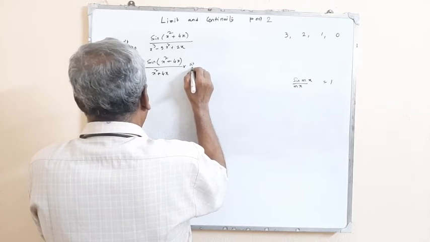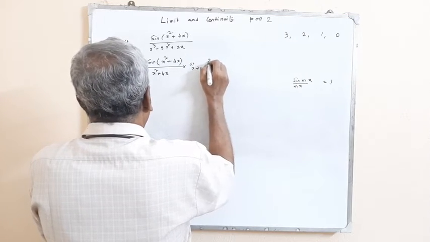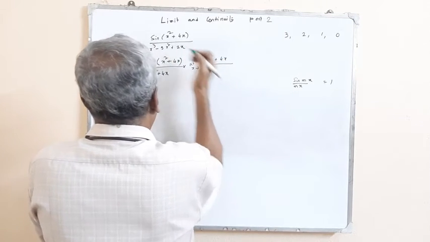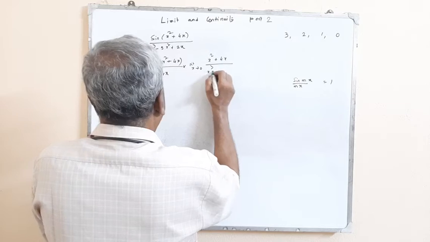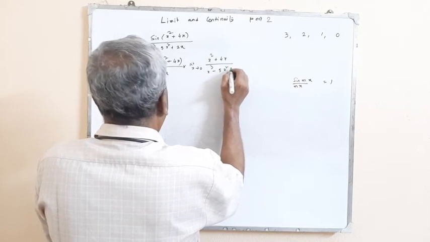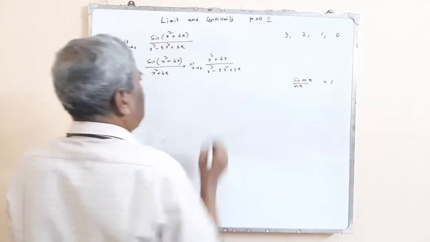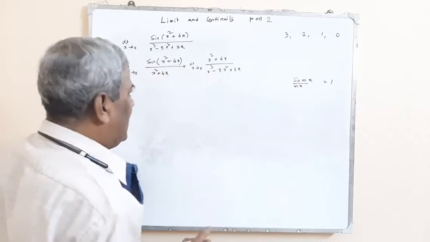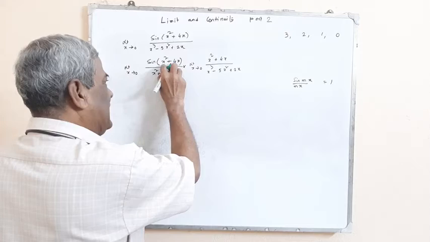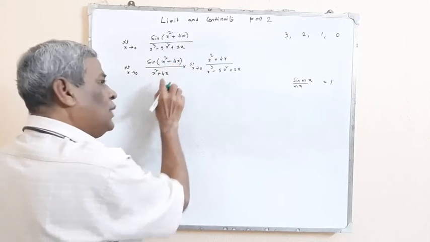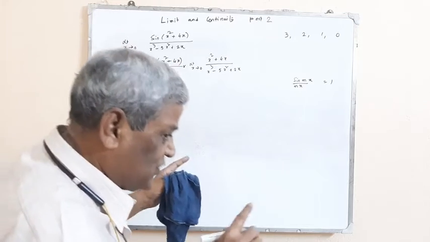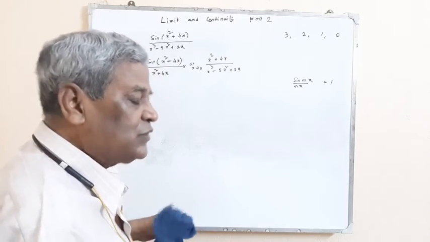limit x tends to 0 of (x square plus 4x) by (x cube minus 5x square plus 2x). So this cancels with that. As I told you, if we take this as y, and this is also y, as x tends to 0, y also tends to 0.